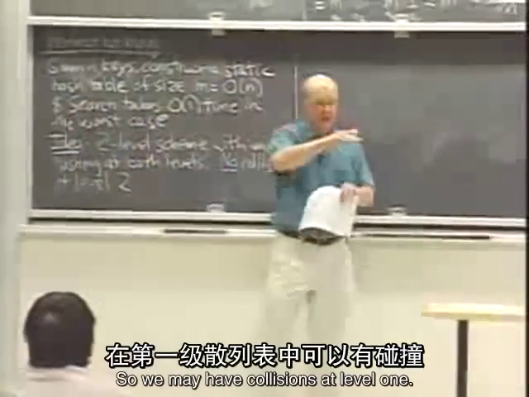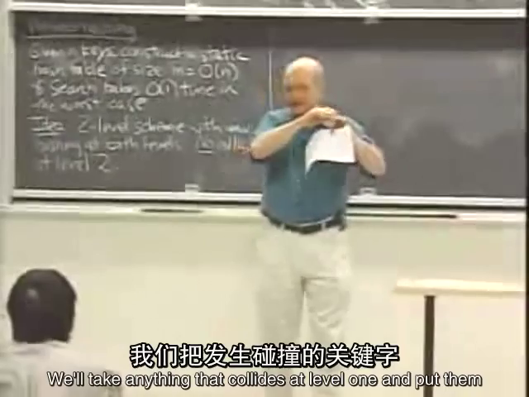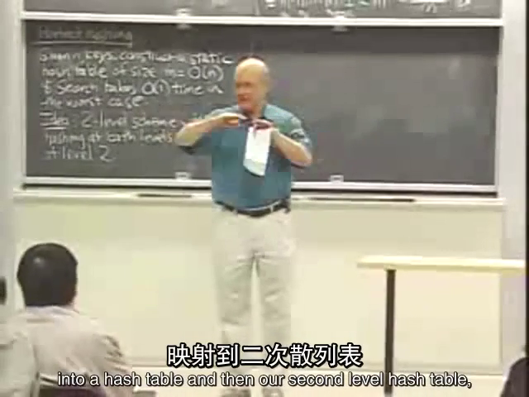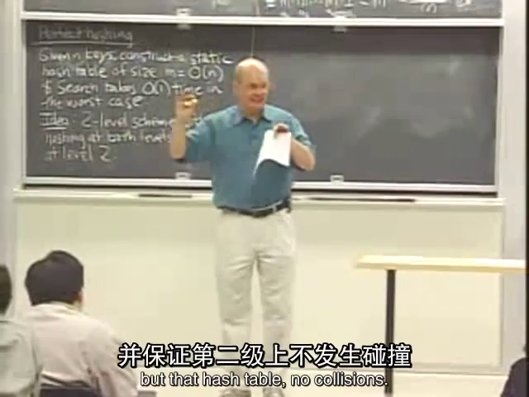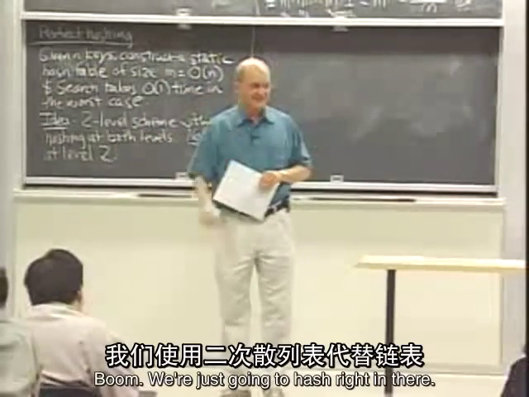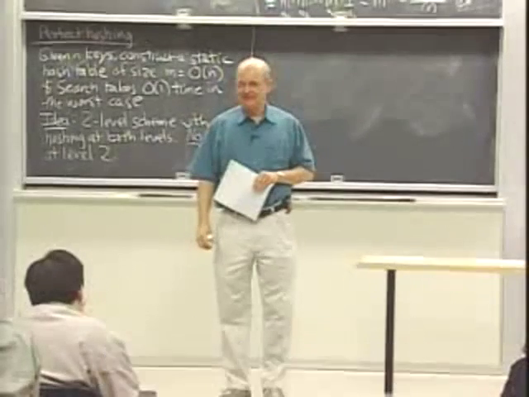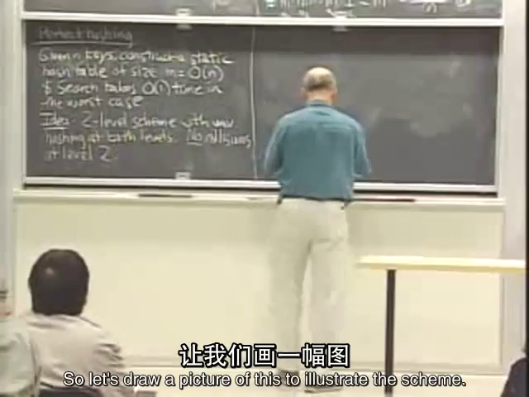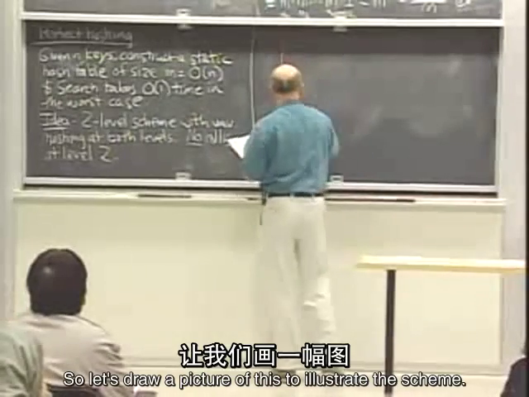So we may have collisions at level 1. We'll take anything that collides at level 1 and put them into a second level hash table, but that hash table, no collisions. Boom, we're just going to hash right in there. So let's draw a picture of this to illustrate the scheme.